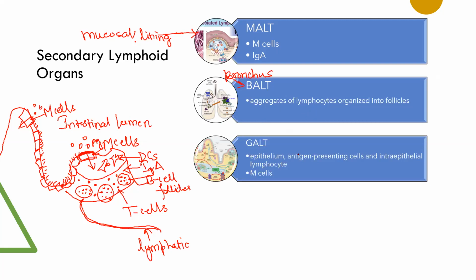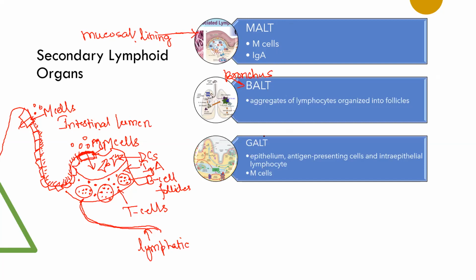Gut associated lymphoid tissue. Now what is this? Well, this is also gut, right? So GALT, that is gut associated lymphoid tissue, shares morphology with MALT, that is mucosa associated lymphoid tissue. Only thing is, MALT is a broader term because mucosal lining is also present in the respiratory tract, urinary tract. Okay?